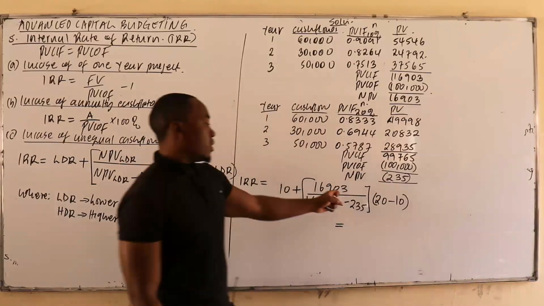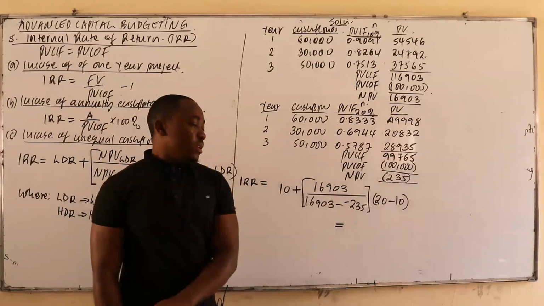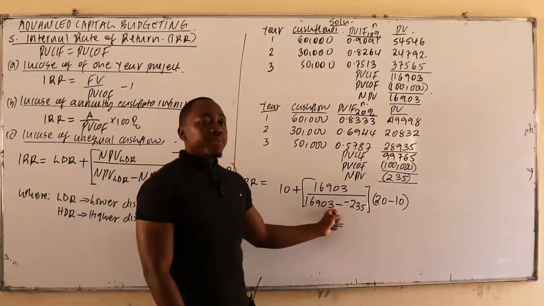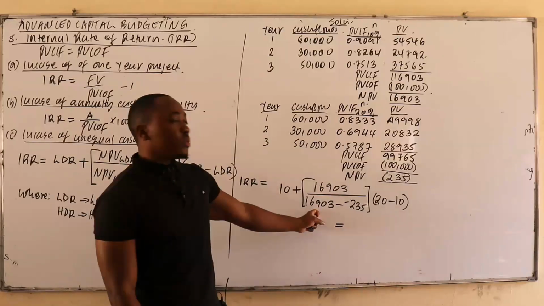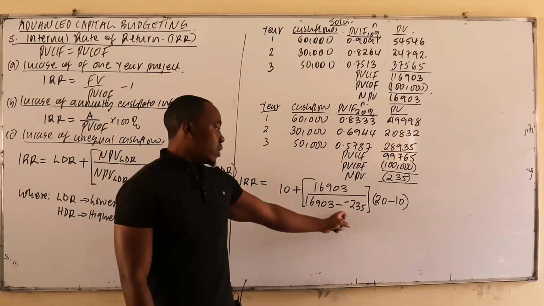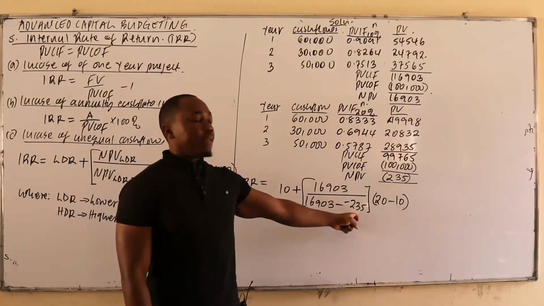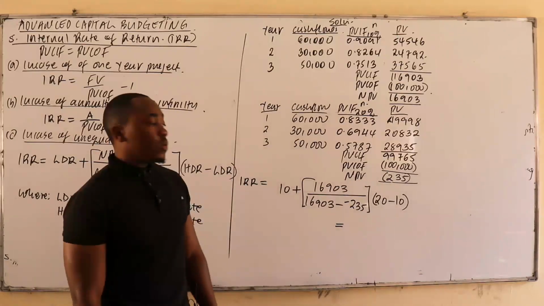So start with this. You take 16,903, you divide by, you open the bracket, you take 16,903. Remember, minus becomes a positive, you add 235, close the bracket, equals.